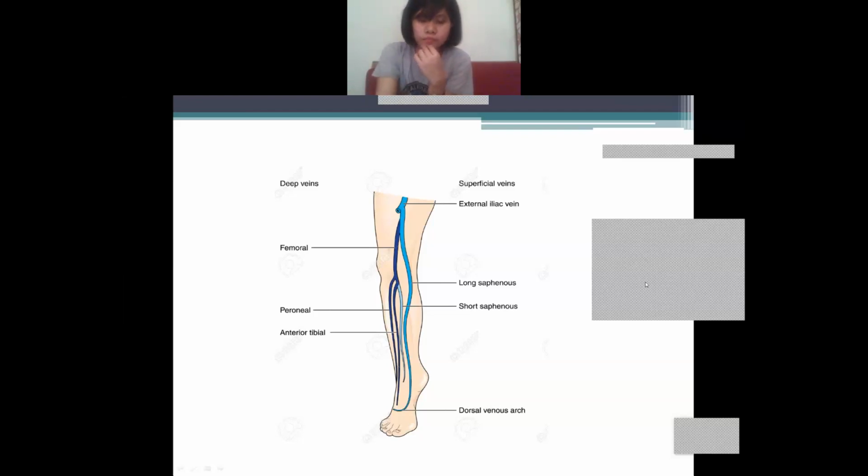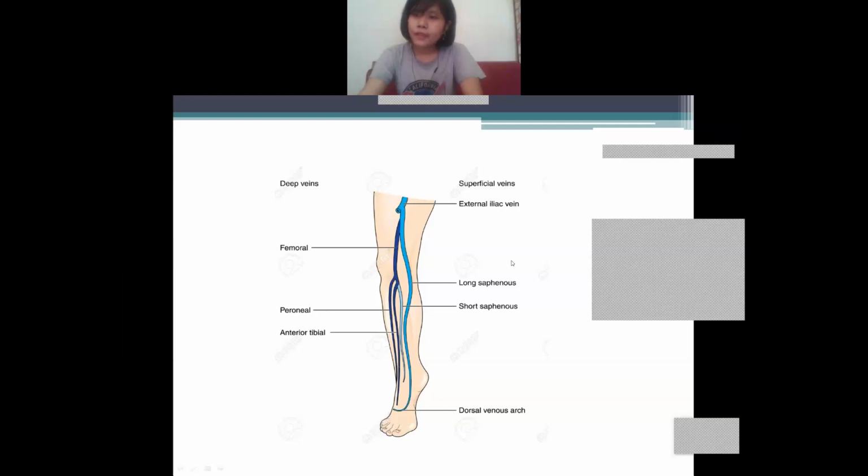Okay, Tumpe Julen. Yes, ma'am. What are the two types of veins, I mean, the common veins that you will find in the superficial veins?